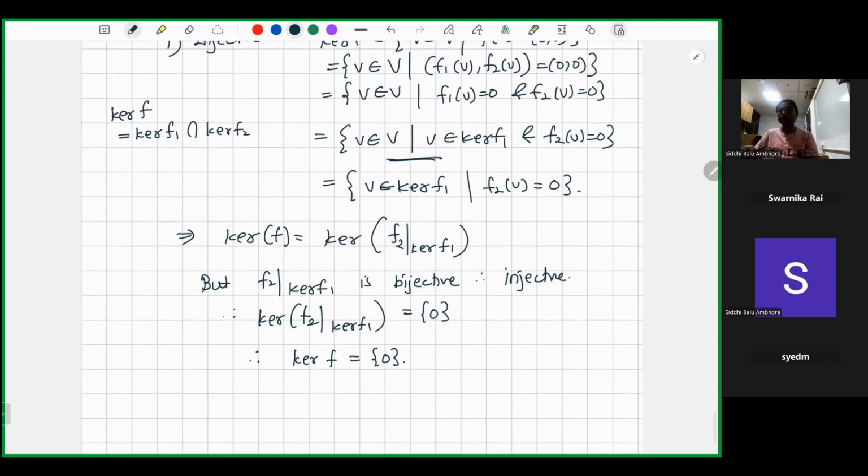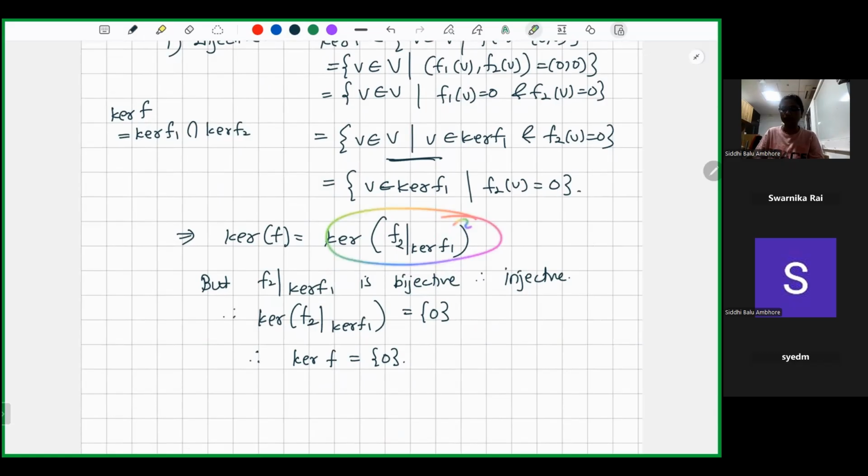And when I write kernel of F2 restricted to kernel F1, I'm anyway choosing elements from kernel F1, and from those, I'm choosing elements where F2 is also 0. So when I choose an element from this set, I'm choosing elements from both kernel of F1 and kernel of F2.